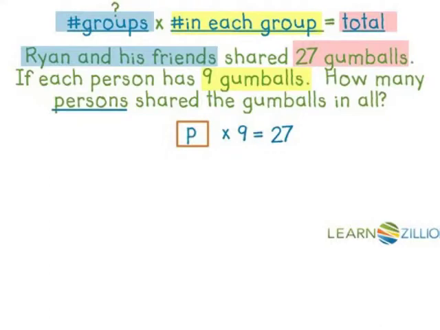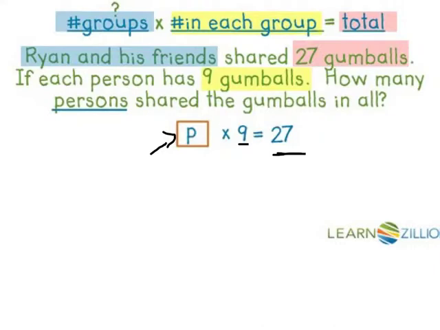Alright, well, we know that there are 27 gumballs total. Okay? And each person has 9. We need to know how many people there were.